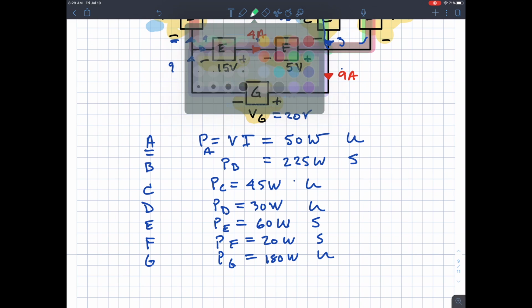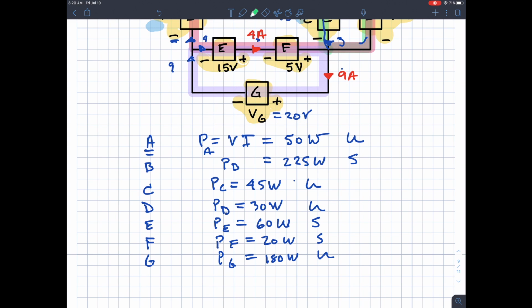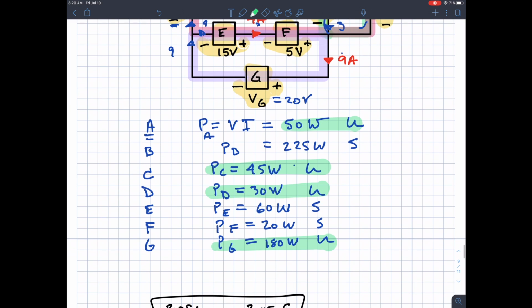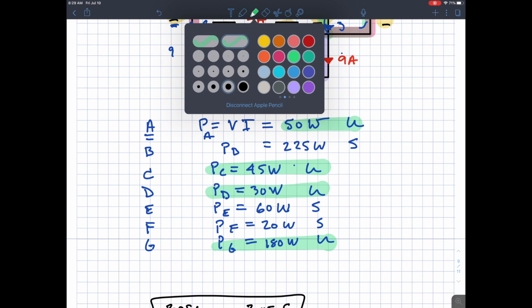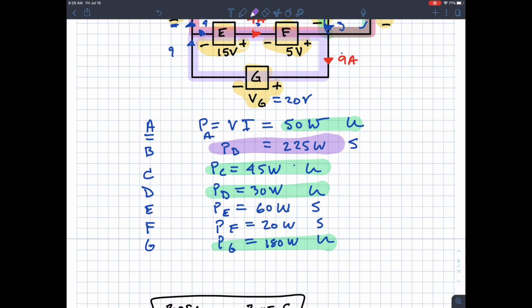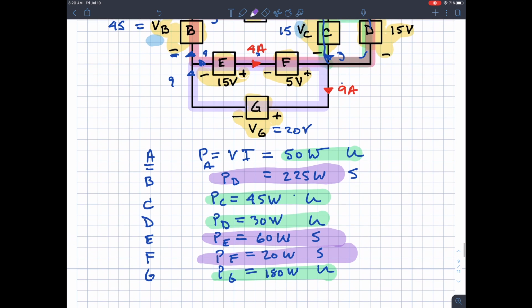At the end, it should line up so that if I sum all the things that are used, it equals those that are supplied. I think this checks out, and hopefully you know how to do this. This is going to show up on exam 2.